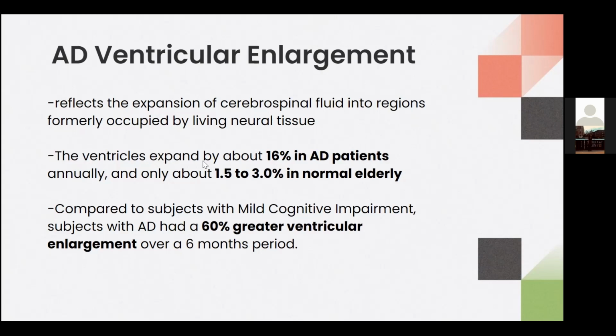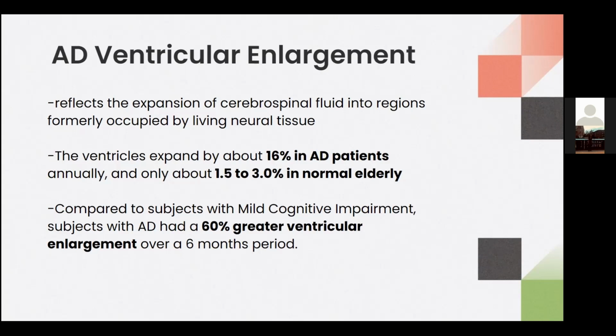These ventricles expand by about 16% annually in Alzheimer's patients, and only about 1.5 to 3% in normal elderly people. And this means that in Alzheimer's patients, the ventricles expand a lot in comparison to normal people, and we can see that through MRI scans, and that's how scientists know that there are enlarged ventricles in Alzheimer's patients.